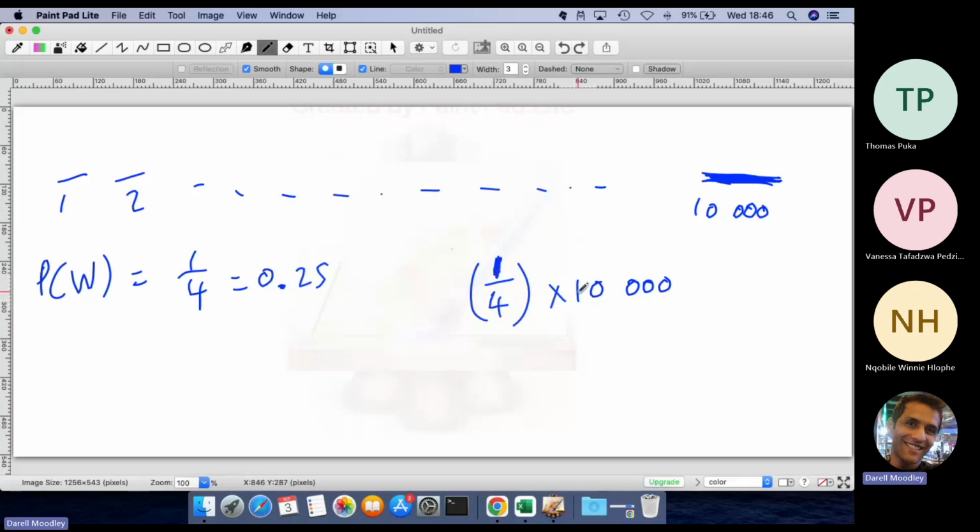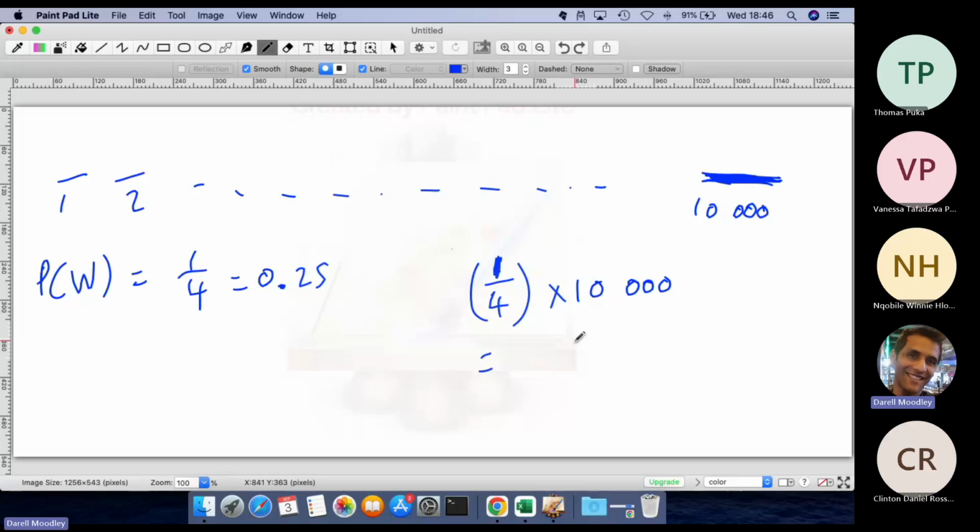That's the probability of winning times the number of games, so that's your average. It would be 2,500. Let me check, I don't trust my calculation in my head. 2,500.